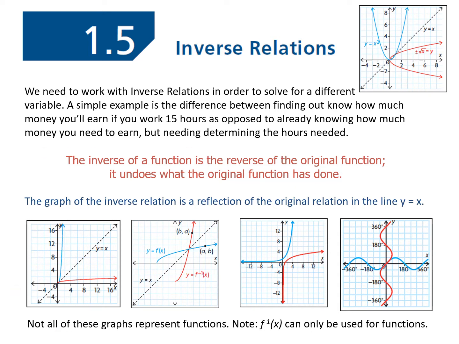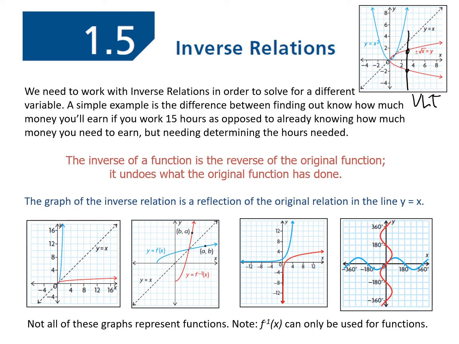If I drew a vertical line straight down through the upper parabola one here, anywhere through here, it's going to cross twice. So it fails the vertical line test. That means that the red one's not a function.